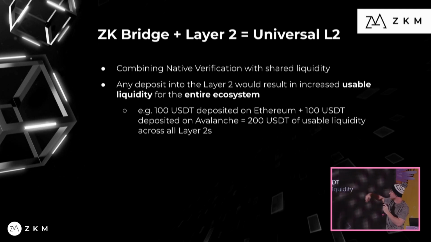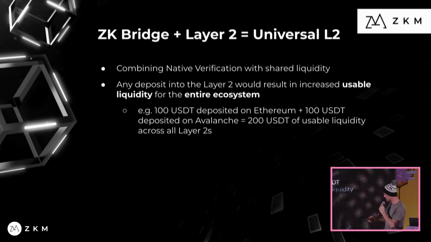So any deposit to the layer 2 would then increase the total amount of liquidity of the entire network of L2s. So the example here is 100 USDT deposited on Ethereum and 100 USDT deposited on Avalanche would net $200 of total liquidity across all the L2s.